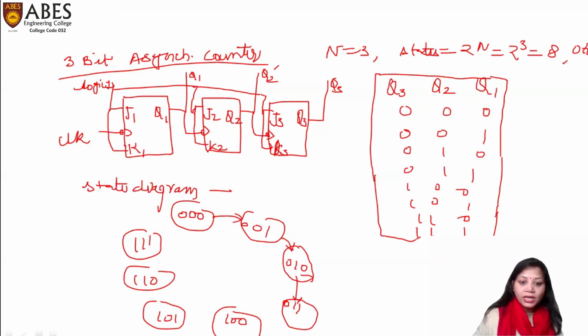This is also called up counting. That means it counts from 000 to 111, low to high. This phenomenon is called up counting. Okay, this is the 3-bit asynchronous counter.